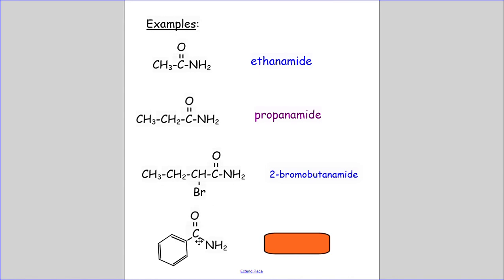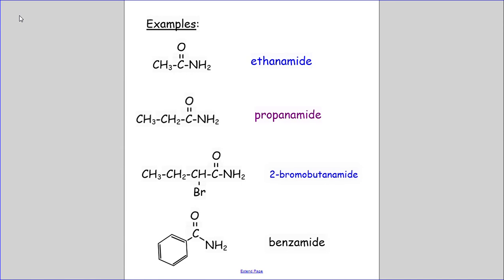Next one, double bonded right here, going down into this one. This one has its own little name because it's a benzene ring, so it's benzamide. It has this amide structure coming off of the benzene ring.